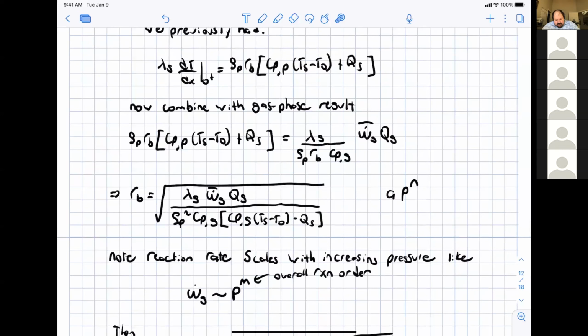So we have to recall what is a function of pressure here and what isn't. The propellant density is not a function of pressure, or if it is, it's a very weak function of pressure. Again, we're not at crazy detonation-like pressures where the solid material also becomes extremely compressible. We are at much lower pressures.